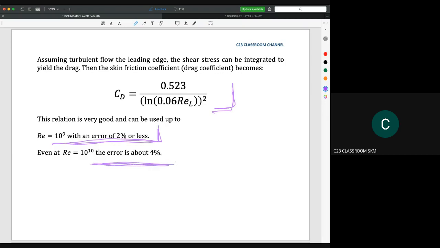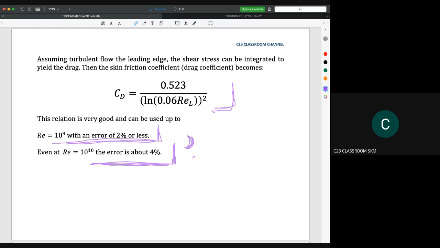We will see some calculations to show the difference between the power law form and the empirical form in terms of the difference of the answer, meaning the error percentage here.